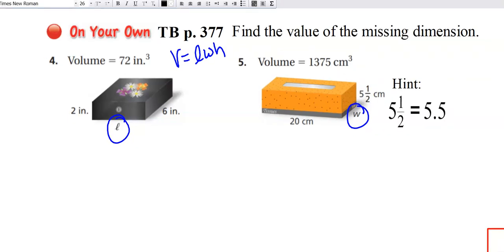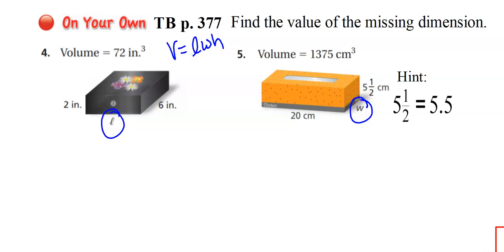Okay, so I'm going to start out by labeling. This is the length. Let's do the width in red, and I'll do the height in purple. So when I write my formula for volume, I'll say volume equals length times width times height.